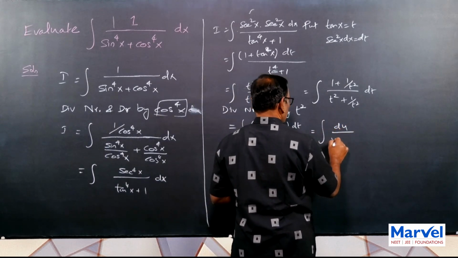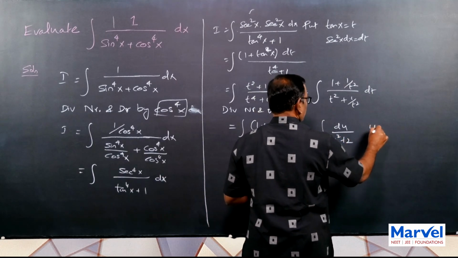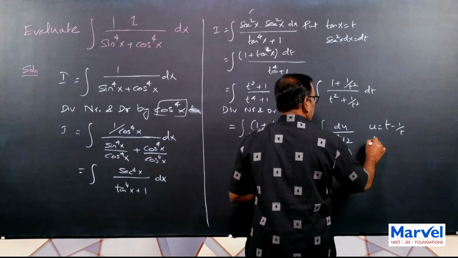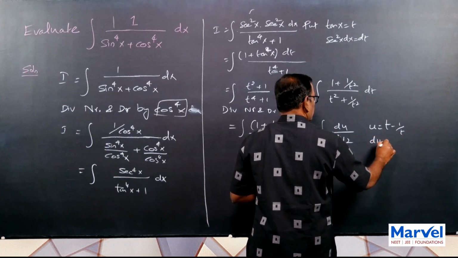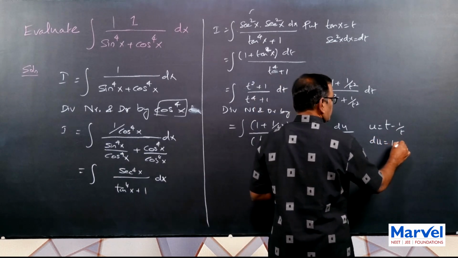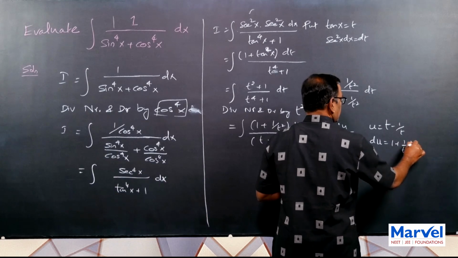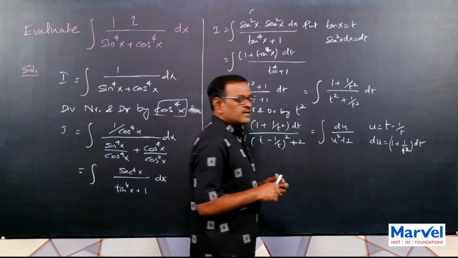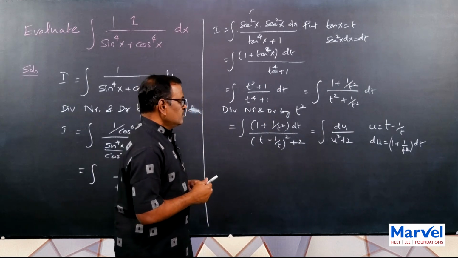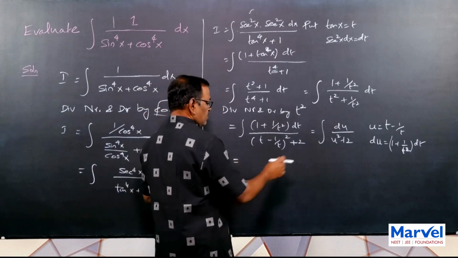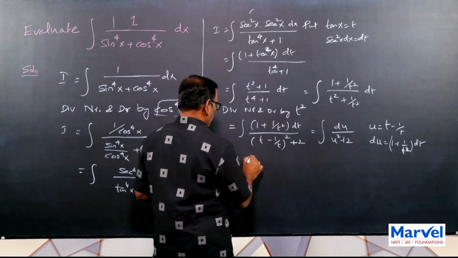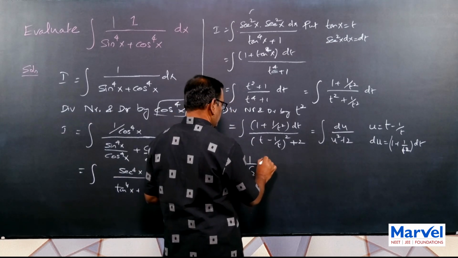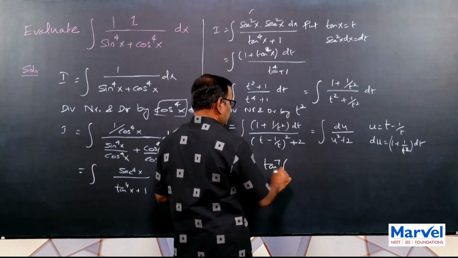This is equal to du by u square plus 2, where u equal to t minus 1 by t, du equal to 1 plus 1 by t square dt. Now the formula for this is 1 by a tan inverse of x by a.